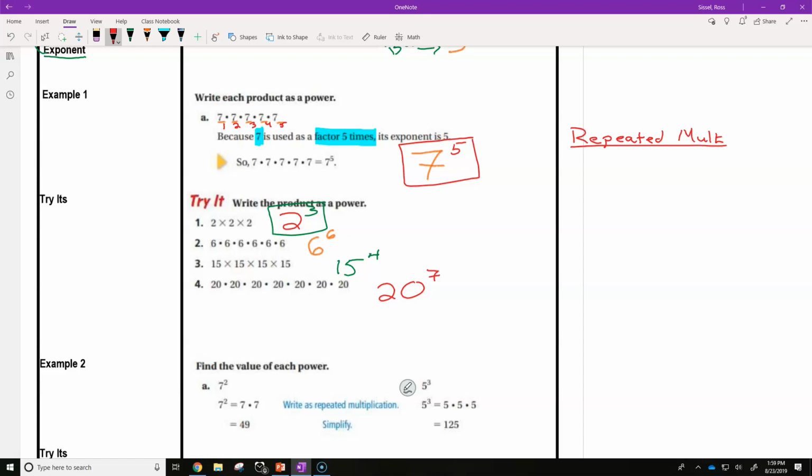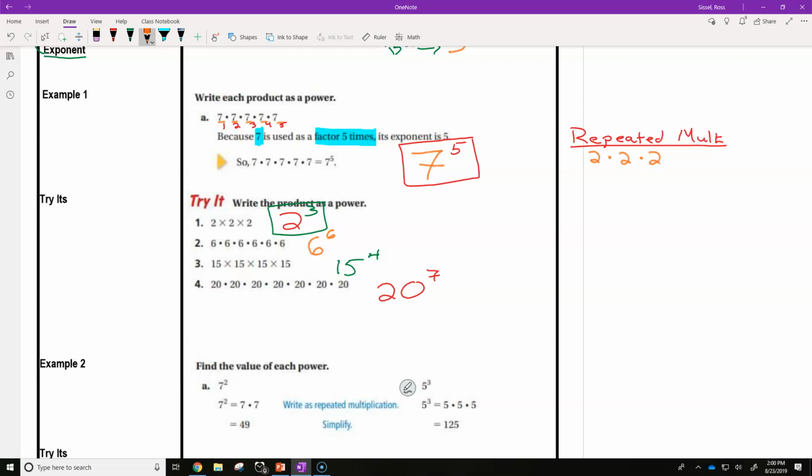Okay, who can give me an example of a repeated multiplication? 2 times 2 times 2. Don't make them any longer than 5 for right now, because I don't want to write too much.